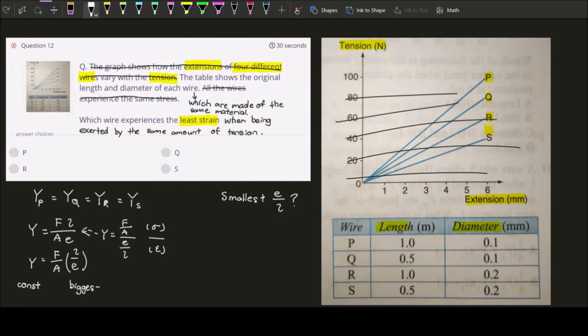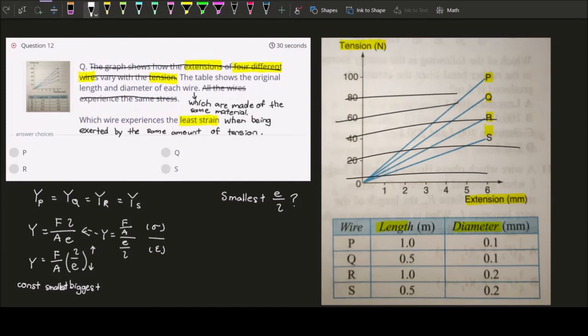So in that case, you want your stress to be smallest. So how do you maximize your L over e? To make L over e bigger, you either make L larger or you make elongation smaller.